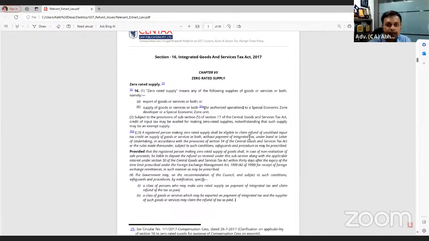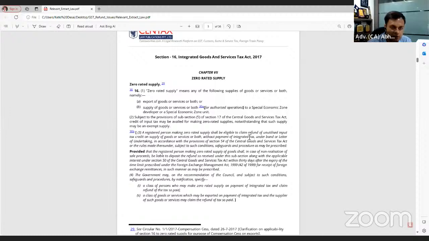Then it makes an exception, where under subsection 4 the government has been given the power to make a recommendation as to which class of person should be eligible to make zero rated supply on payment of integrated tax and claim the refund of that tax, or the class of goods or services where exports on payment of taxes would be permissible.